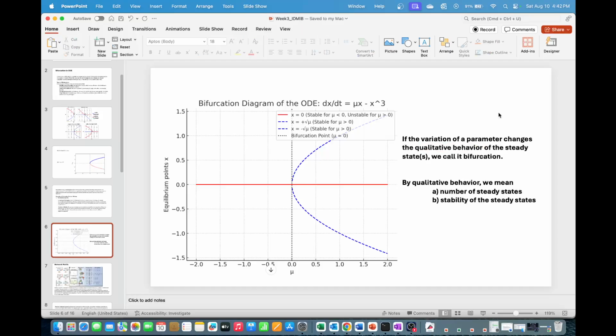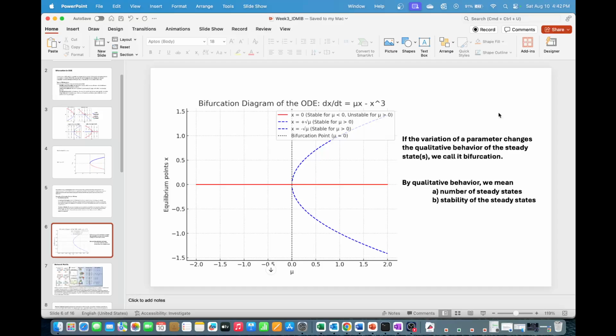Now one thing to remember, just changing the value of mu will automatically increase or decrease your steady state, because your whole equation is dependent on mu. But if changing mu changes the qualitative behavior of the system, then we say it is bifurcation.